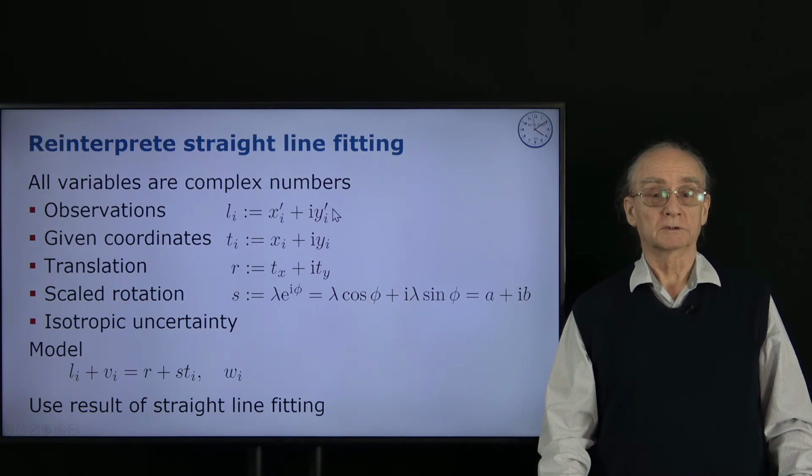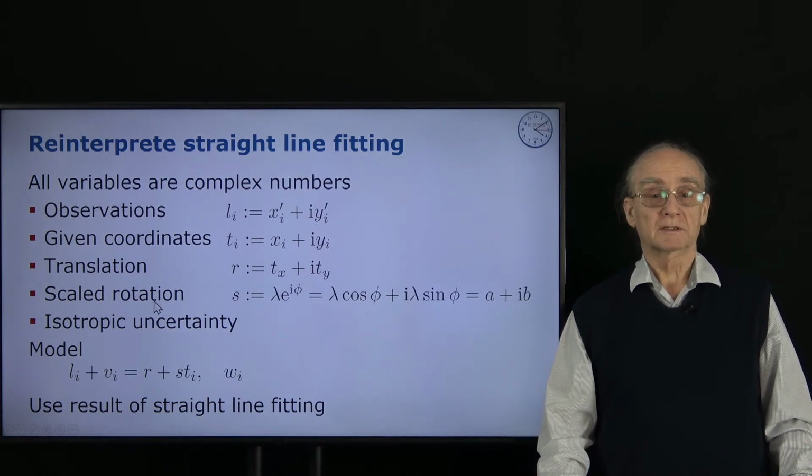That are our observations. Then we have the given coordinates x and y, which are now collected in t_i, which are a complex number. The translation consists of the translation in x direction and in y direction, again a complex number.